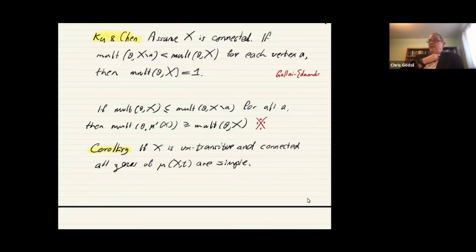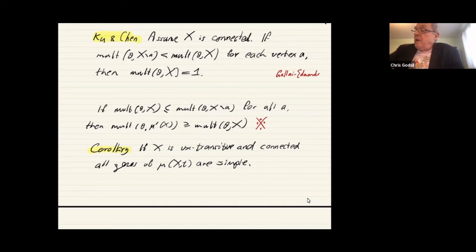Now, this is one reason I was interested in Godsil's lemma in this context. If you have a graph X and a matching zero theta with multiplicity greater than 1, then there's always a vertex A in the graph such that the multiplicity of theta in X drop A is less than its multiplicity in X. You can always bring it down.